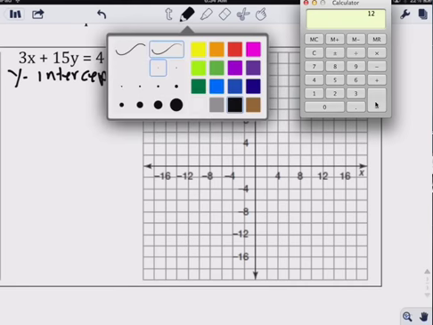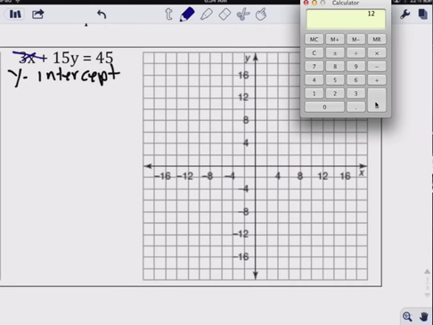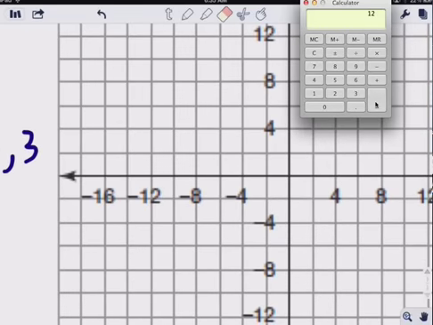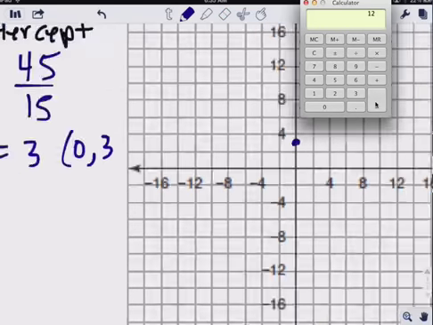We got 15y equals 4x. Not there because it's 0. Okay. 3 times 0 is 0. That's 3, right? Y is 3. So this is 0, 3. Oops. That's 0, 2. 0, 3 is okay. Right there, in between 2 and 4.